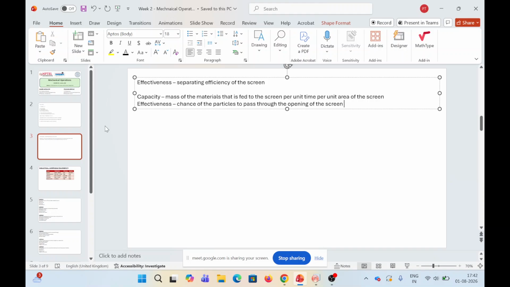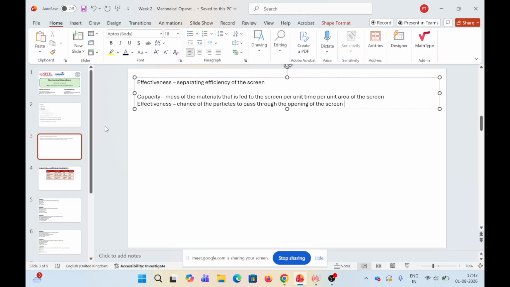The particles that we handle in real life are not regular; they do not have a regular shape like a triangle, circle or square. Since they have irregular shapes, the particles may not pass through, even though their size is less than the openings in the screen.